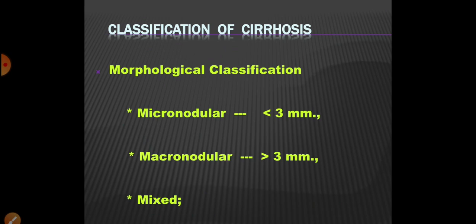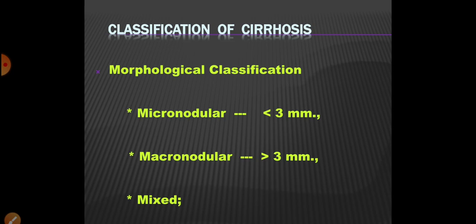Classification of cirrhosis. There are various classifications for cirrhosis. The etiological classification, which is based on the etiological factors causing cirrhosis of liver, like biliary cirrhosis, cryptogenic cirrhosis, Indian childhood cirrhosis, and so on. Based on the morphology, cirrhosis is classified as micronodular cirrhosis, macronodular cirrhosis, or mixed micro and macronodular cirrhosis.